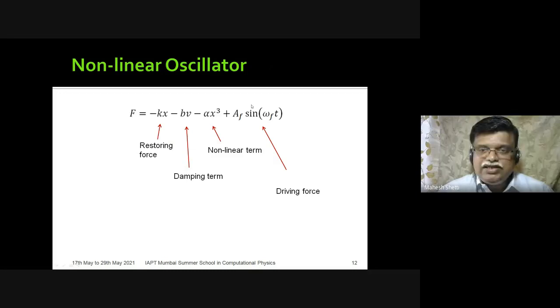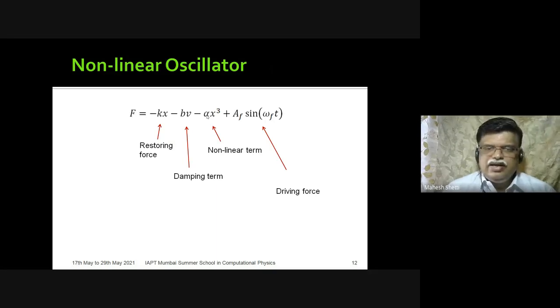So there is an additional term here. What you have is minus kx, the restoring force, minus a damping term, and the driving force term is also there. Plus there is a non-linear term over here. This non-linear term is proportional to x cube, and alpha is going to be a coefficient.